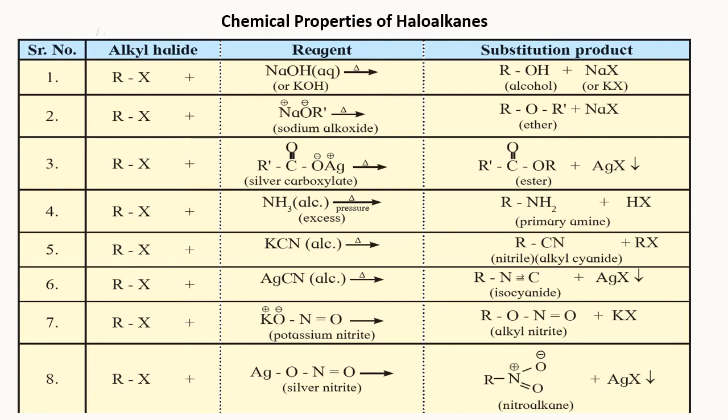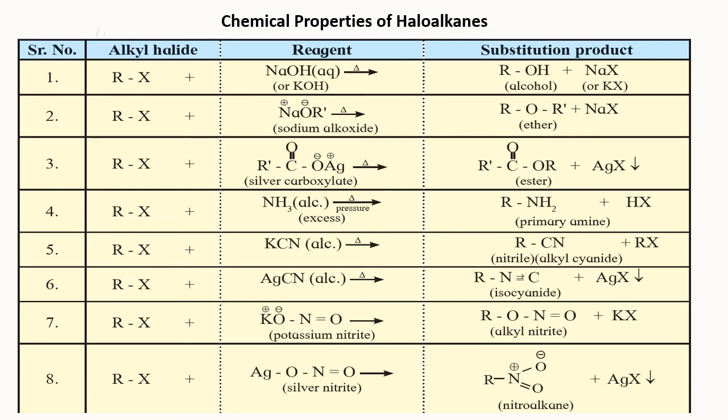Fifth one, RX plus KCN alcoholic giving rise to RCN, that is alkyl cyanide, plus KX. When alkyl halide is boiled with alcoholic solution of potassium cyanide, alkyl cyanide, also called nitrile, is formed. For example, C2H5Br plus KCN alcoholic giving rise to C2H5CN plus KBr.